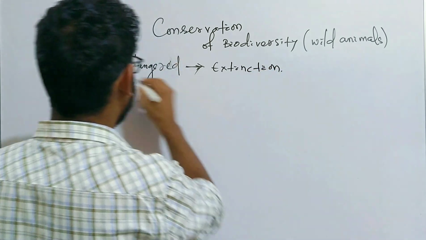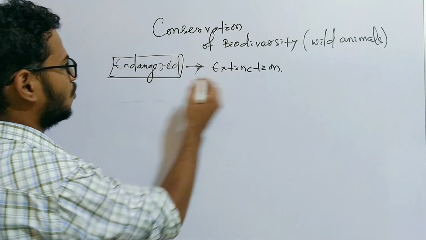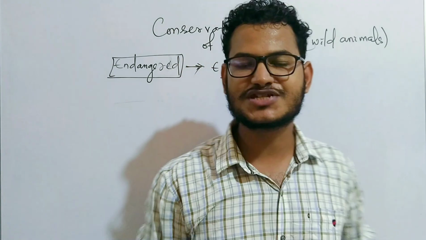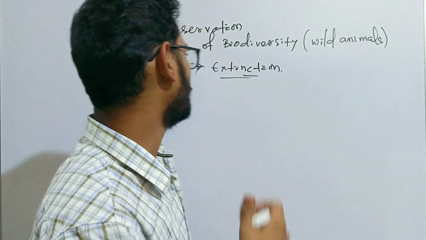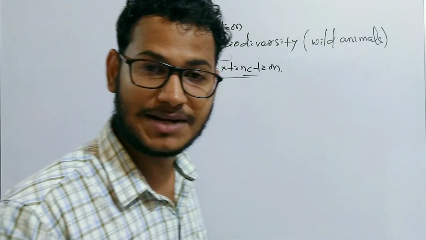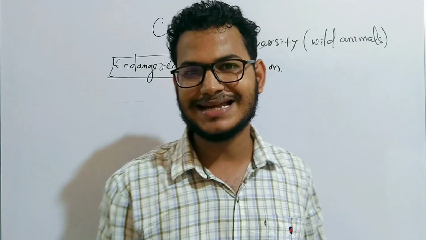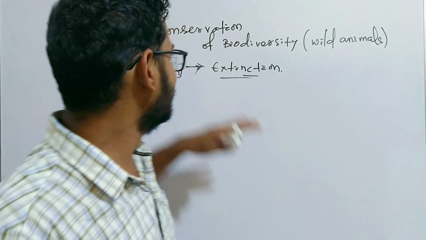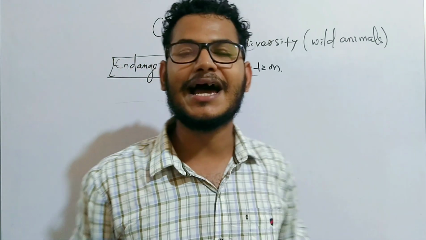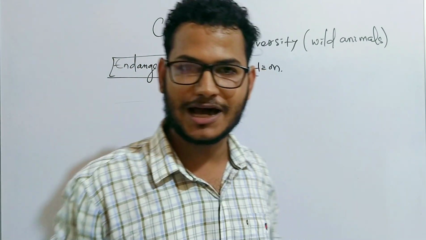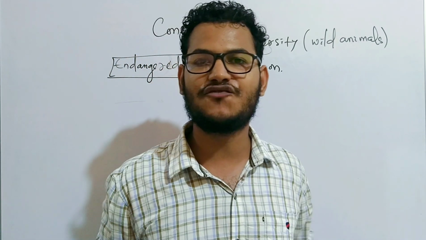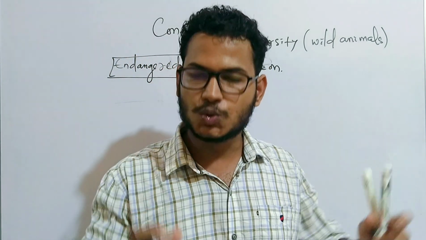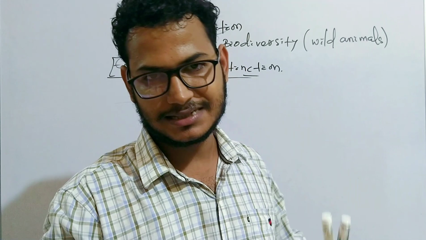So why are they endangered and why does the extinction of some species occur? Because of change in the environment and the climatic condition, which is normally induced by human beings, right? So we need to conserve the wild animals to protect our biodiversity, and this conservation is of two different types.